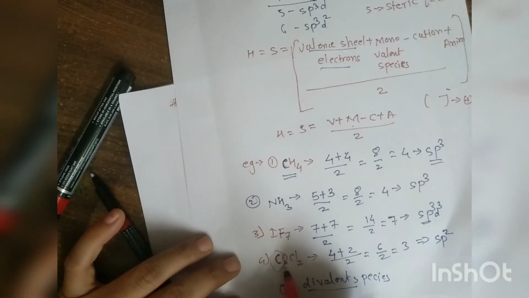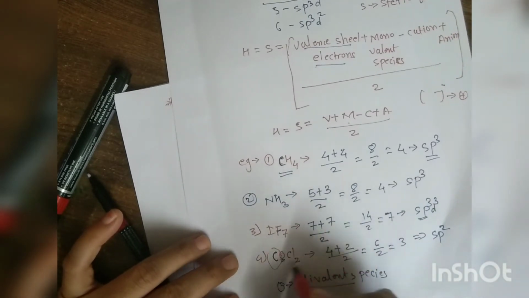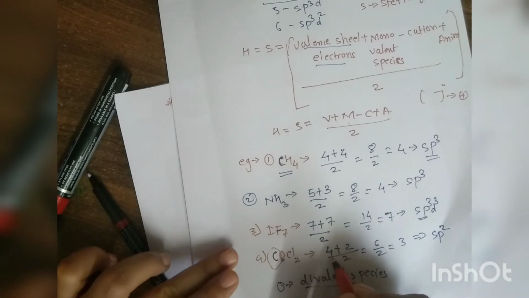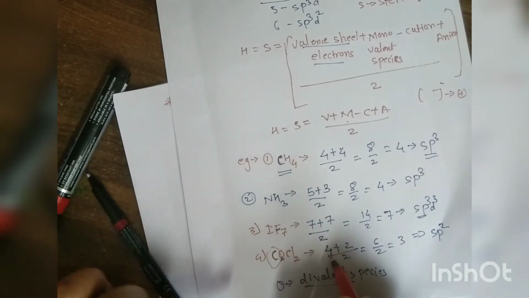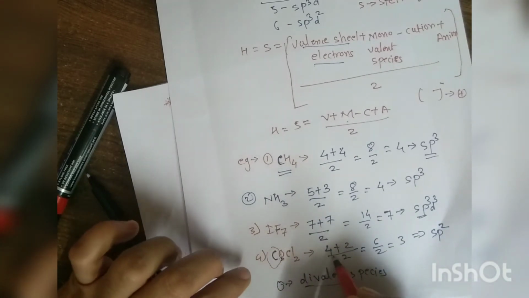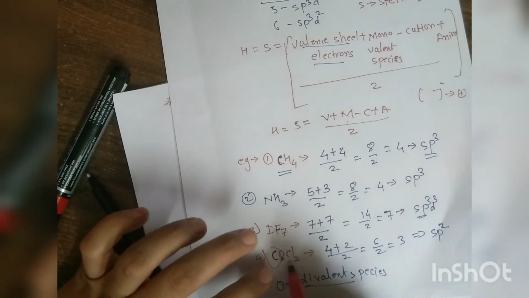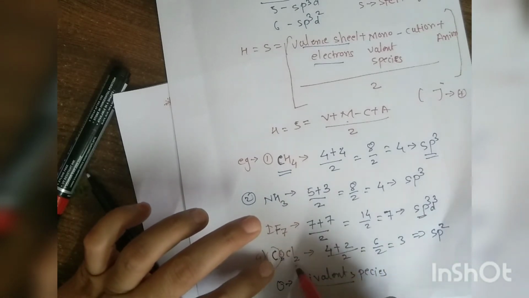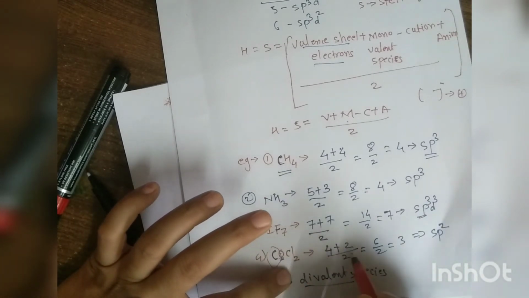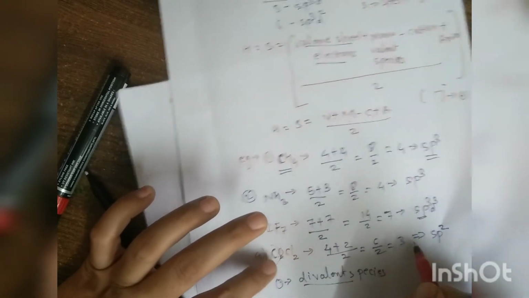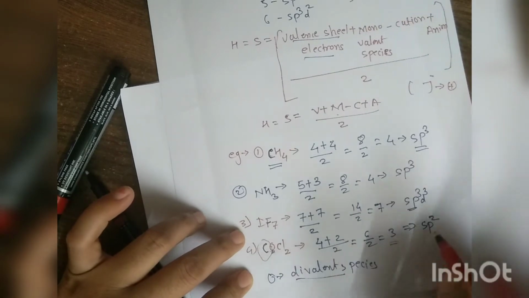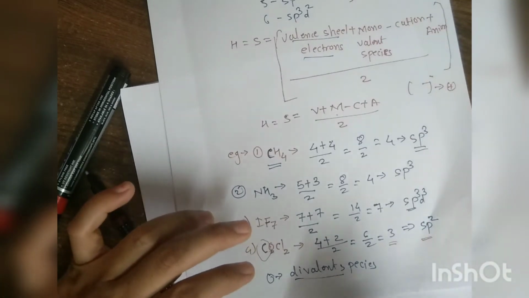So we have taken the carbon, which is big in size. The second rule applies here. Carbon has 4 valence electrons in its outermost shell, so 4 plus, and chlorine is monovalent, which we have taken as 2. After the calculation we got 3, and 3 is sp2 hybridized.